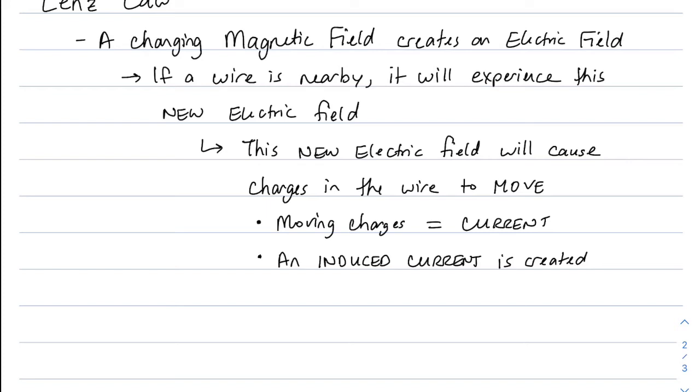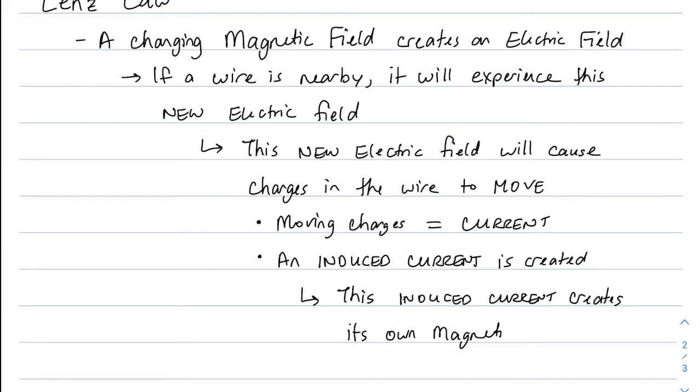So an induced current is created, and this sets the next thing in motion. This induced current has its own magnetic field. So this is now a new secondary magnetic field.